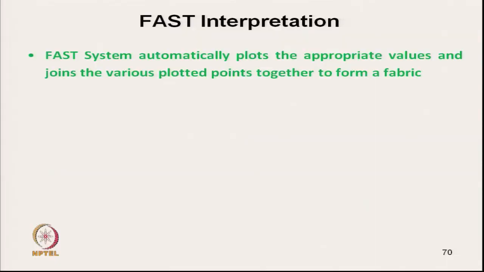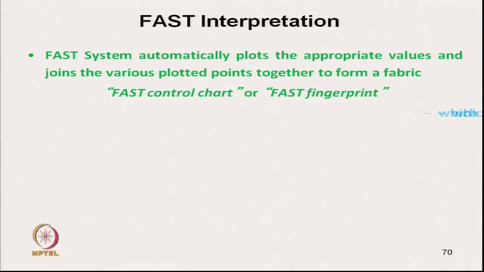The FAST system automatically plots the appropriate values and joins the various plotted points together to form a fabric FAST control chart, or fabric FAST fingerprint.